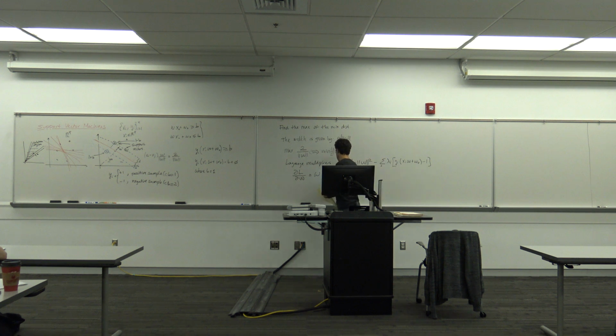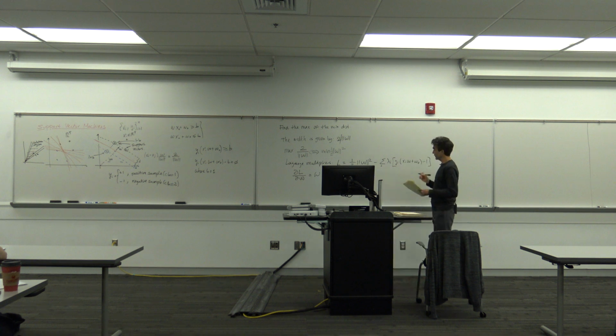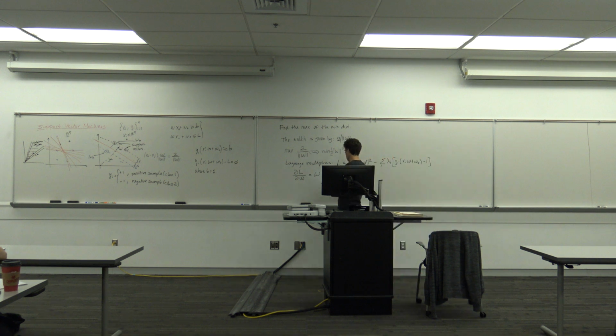Minus the sum over all i of this function. And now let's see what this function is going to be equal to. It's only going to be equal to yi times xi, right? So lambda i, yi, xi. And what do I have to equal this to? Anyone?